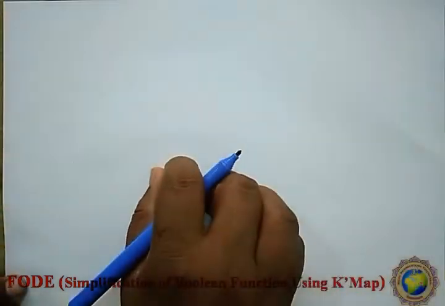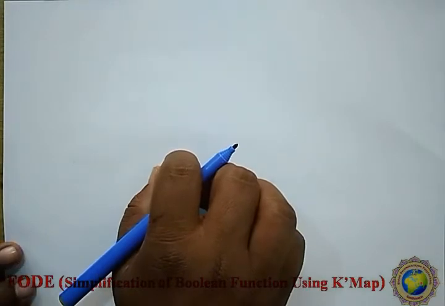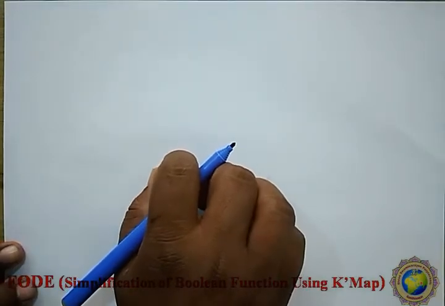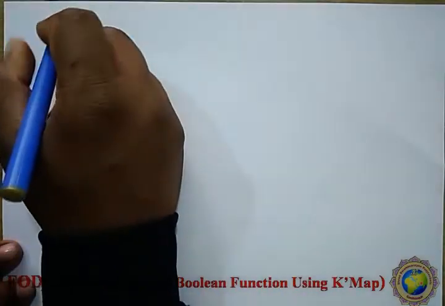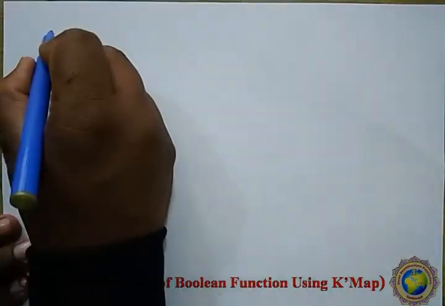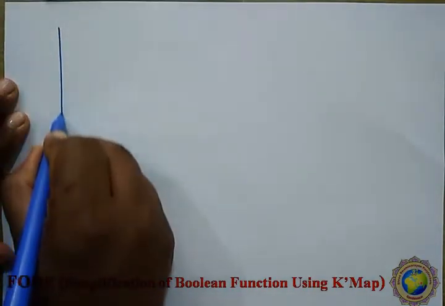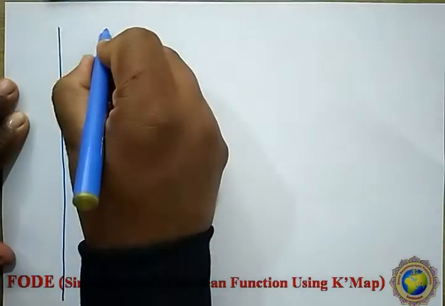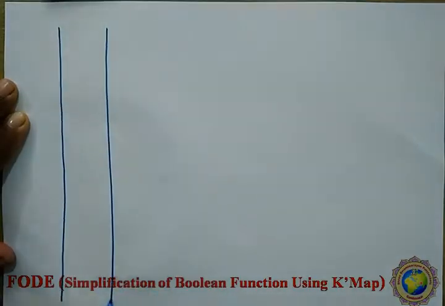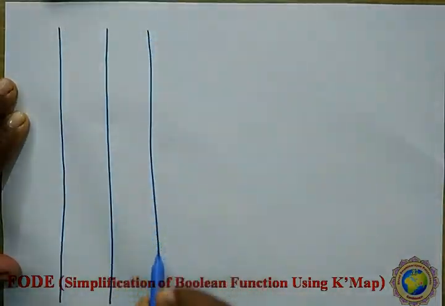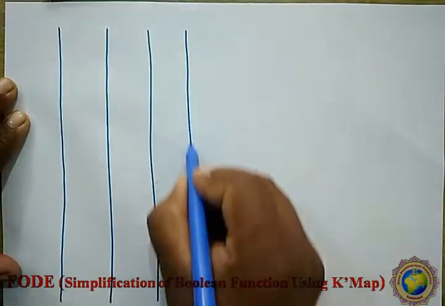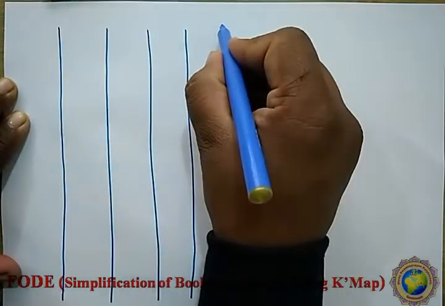Okay, so see here. 4 functions are given, so draw the 4 lines: 1, 2, 3, 4.